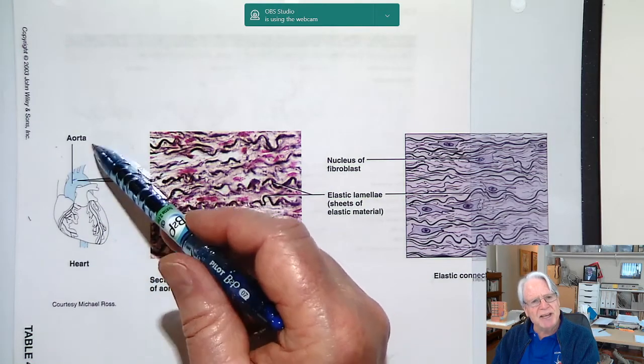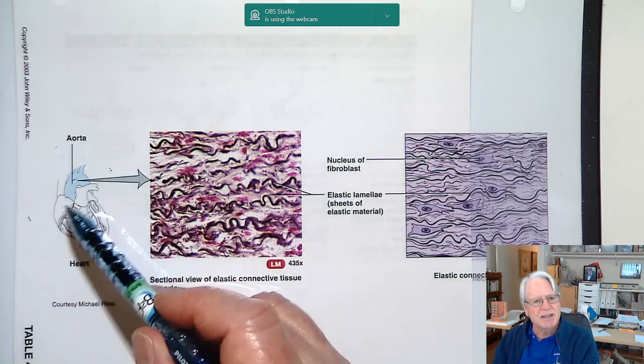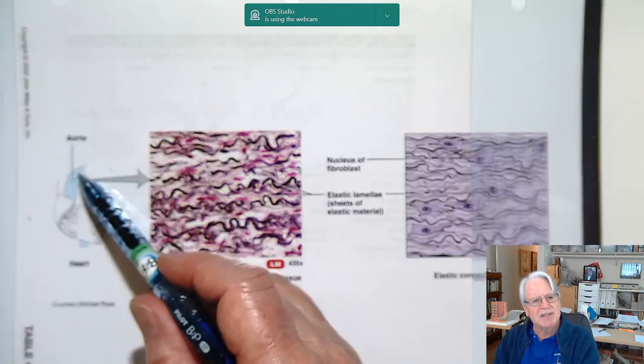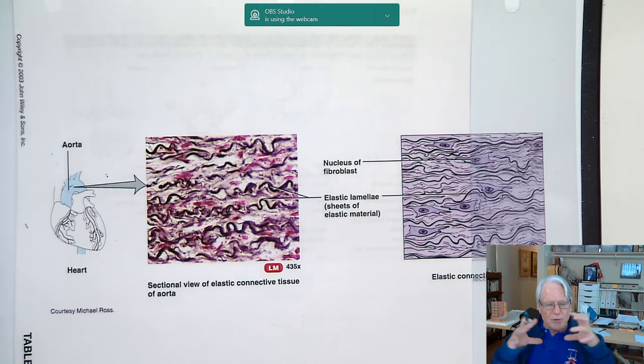But then when the heart relaxes, we get a drop in pressure, but it doesn't drop to zero, and it doesn't drop to zero because of these elastic arteries. You've stretched that rubber band, and now the heart relaxes, and that rubber band wants to press back against the stretching, and it pushes against the blood that's in that artery, and it is acting as a kind of secondary pump to keep pressure in the system. So the heart contracts, the artery expands, the heart relaxes, and the artery slowly returns.